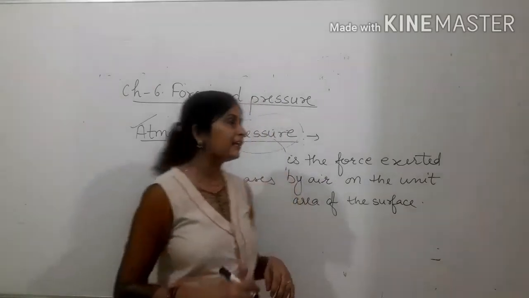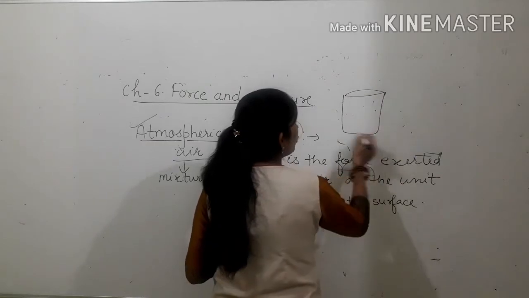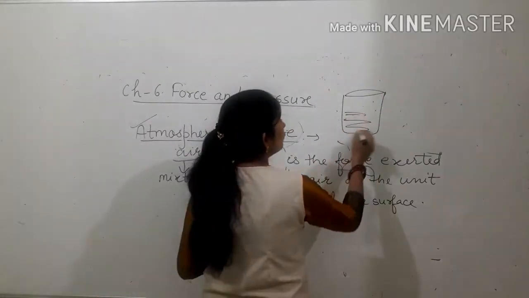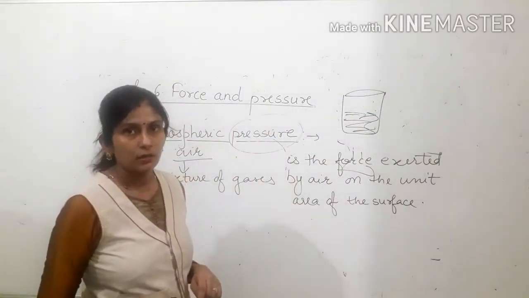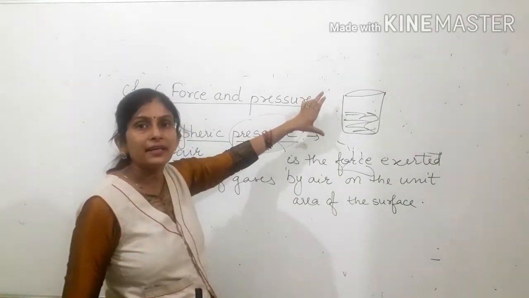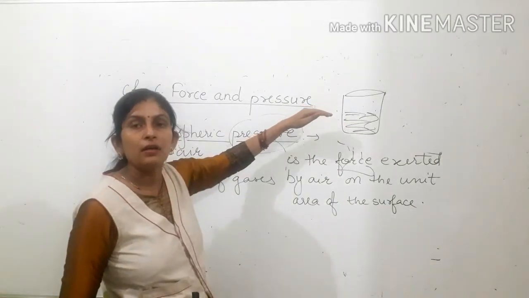In one more activity, we take an old tin can and fill it with water up to its half level. So firstly, you have to take an old tin can, then fill it up to half level with water.